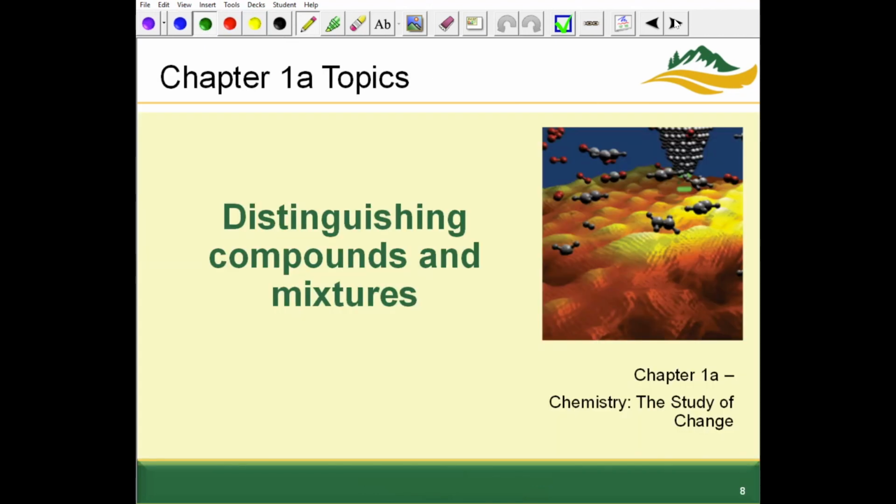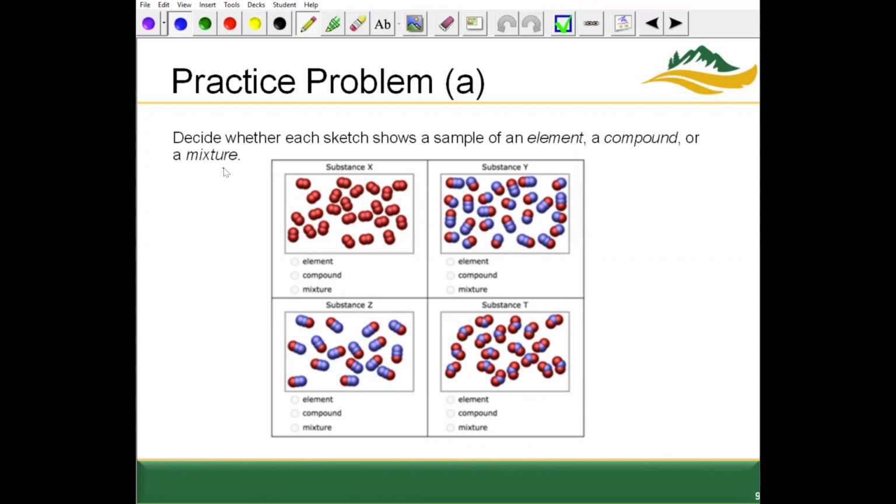Now the next highlighted topic here is again related to distinguishing compounds and mixtures. So we've talked a lot about mixtures and elements. Those are all ones on the periodic table, like we know about oxygen and hydrogen. Those are examples of elements, for example. And O and H are the chemical symbols for oxygen and hydrogen, respectively.